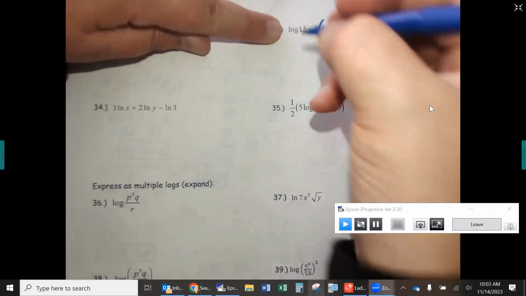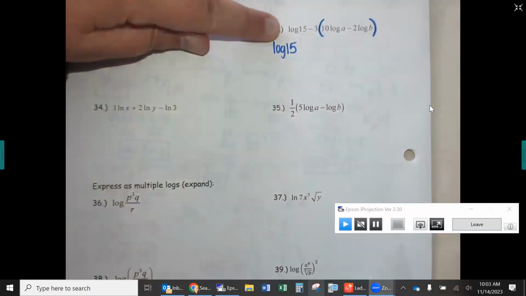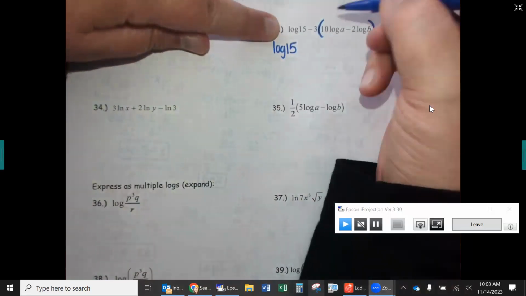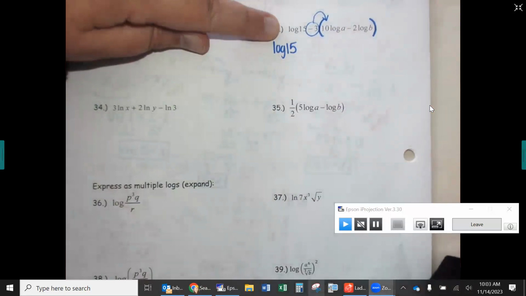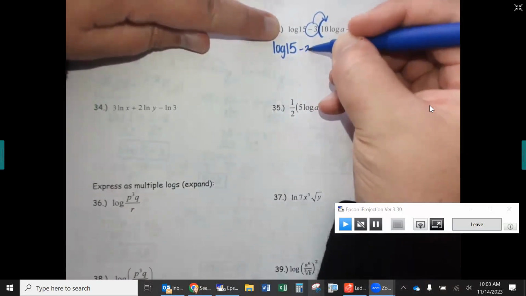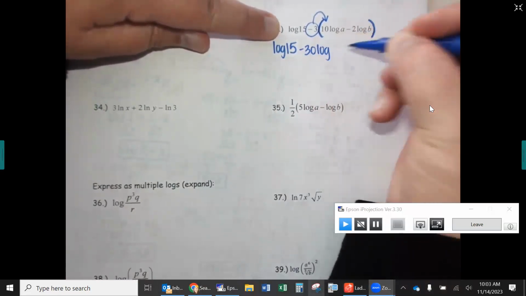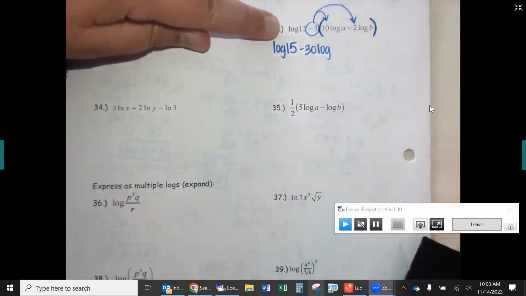So for example, my log 15, I'm just gonna leave it. But then what am I timesing in on the 10 here? Negative 3 times 10 is what? Negative 30 log A. And then what about the negative 3 times the negative 2 on the log B?